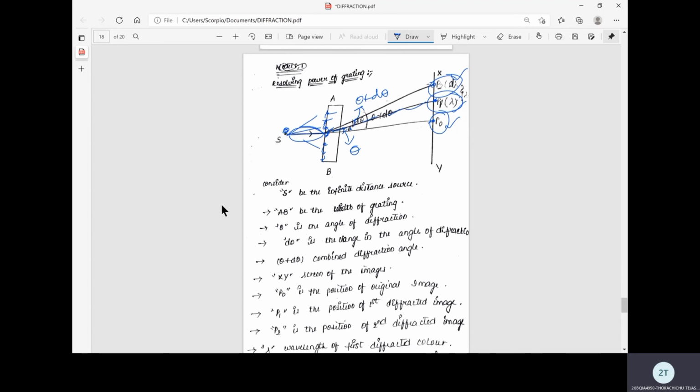Now since we've seen all the terms in this experiment of resolving power of grating, light coming from the source passes through this different number of slits of grating, and after passing through that, a single light ray forms different images due to hitting different edges of the slits in this AB obstacle. It formed different diffraction images and an original image on the screen X, Y.